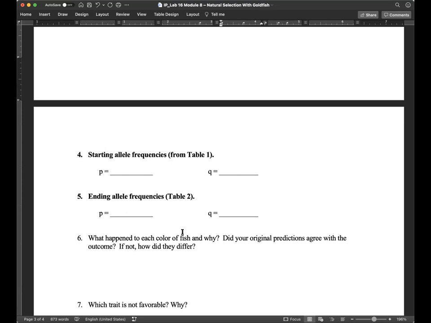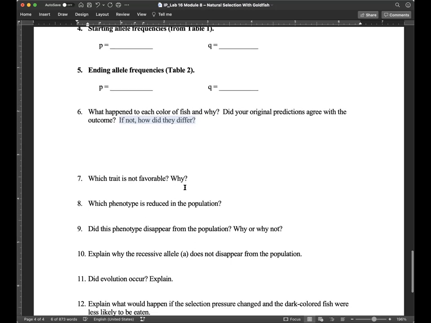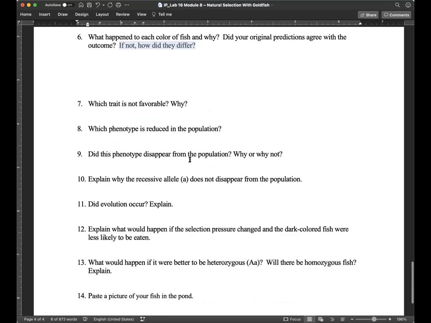Did your original predictions agree with the outcome? If not, how did they differ? I'm going to guess that you will at least partly support your prediction. And I don't really care if you support your prediction. All I want to know is how they differed, or why you think you were wrong. So just explain why you didn't get the same results as you thought, or why you did get the same results. Either way, just explain it and you'll get the full points regardless of what you ended up predicting.